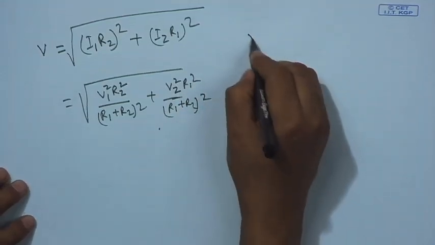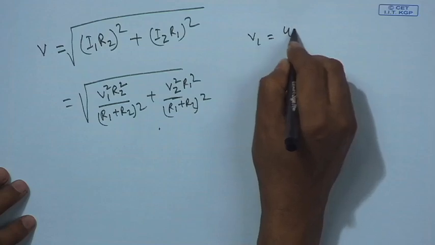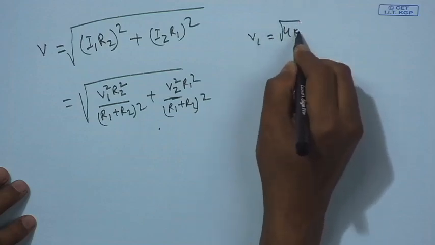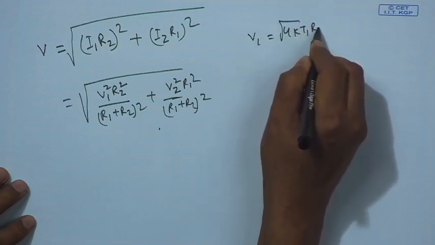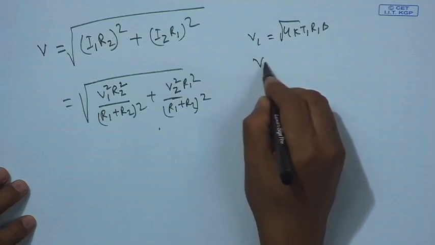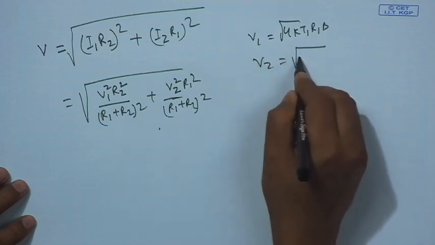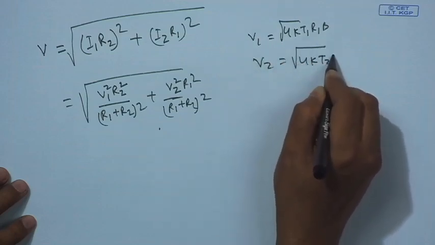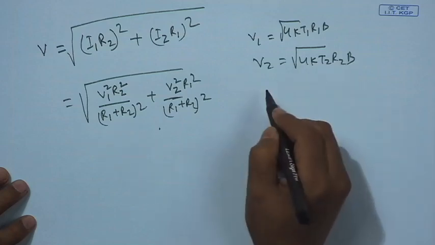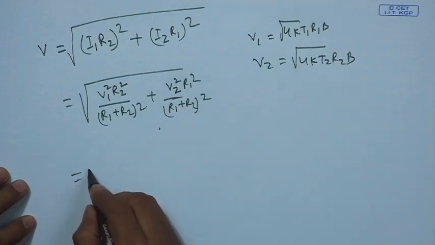What is V1? V1 is root over of 4k T1 R1 B, and V2 is root over of 4k T2 R2 B. I can put those values in.